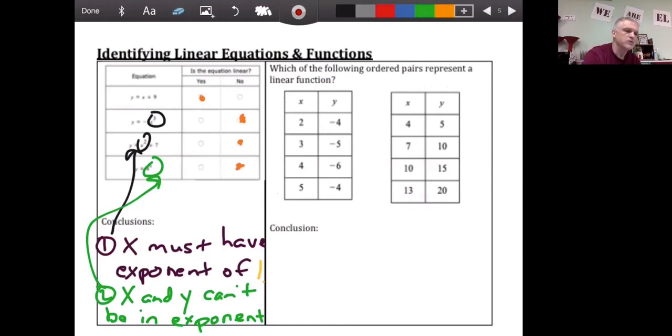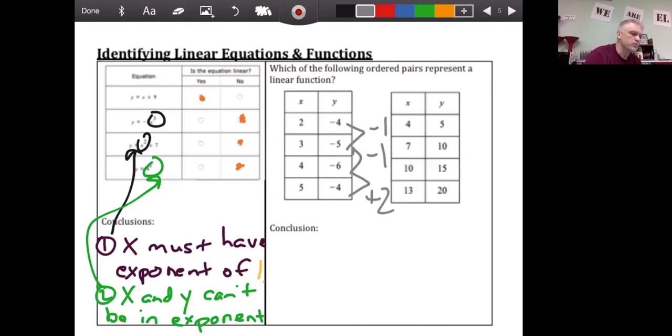So let's see what you're doing to the y coordinate. From -4 to -5, you're subtracting 1, or you're adding -1. From -5 to -6, you're also subtracting 1. From -6 to -4, you're adding 2.